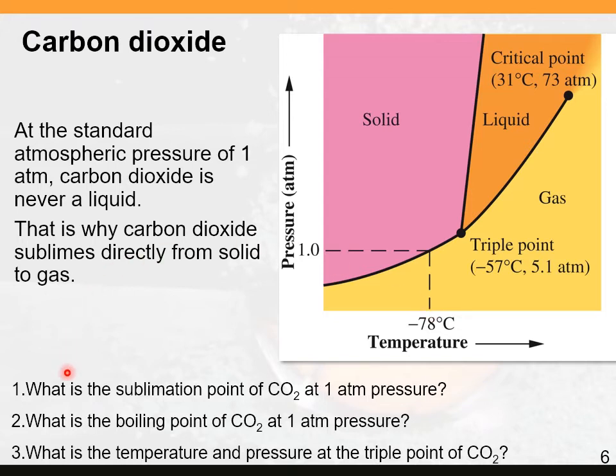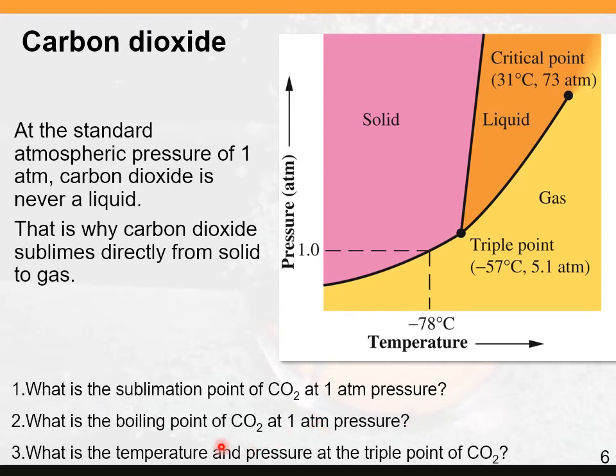The next question asks the boiling point of carbon dioxide at 1 atmosphere pressure. Boiling is going from liquid to gas. However, at that pressure, liquid phase doesn't exist. Therefore, boiling point also does not exist for carbon dioxide at 1 atmosphere pressure.